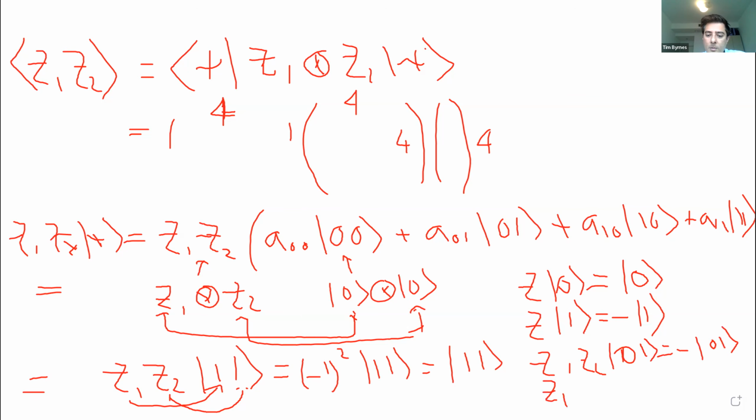Similarly for 10, it will have a minus sign. So there'll be an extra minus sign here and here, and then these ones will remain plus, and this one will also be plus.